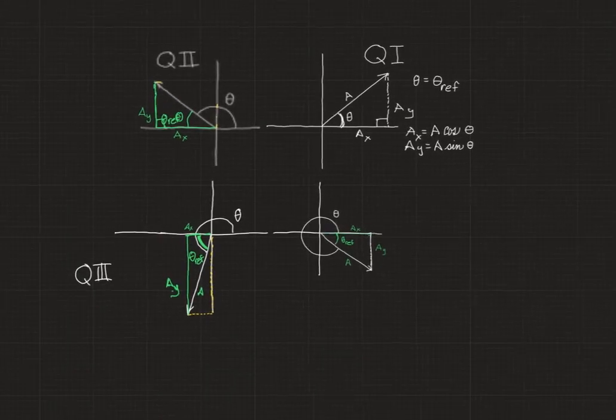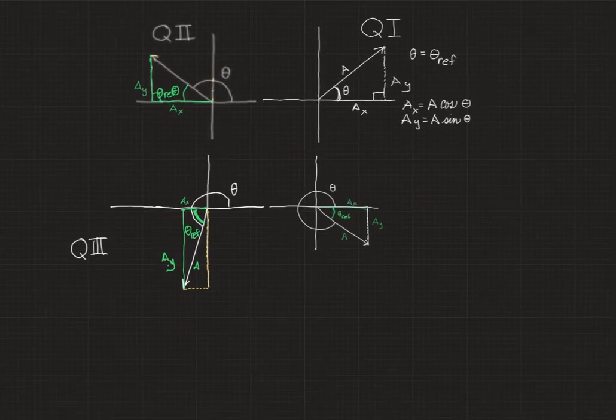Now let's look at these all together. What do you notice? In quadrant 1, the horizontal component of any vector in that quadrant is positive, and the vertical component, the y component, is positive.